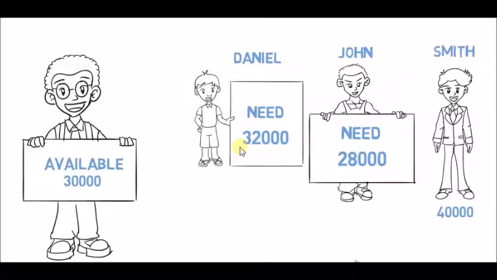Because 32,000 is allocated to Daniel. Now Daniel will return this money after some days. Suppose Daniel returns the 32,000 rupees after 30 days with an installment cost of 8,000 rupees. So the previous available money is 2,000 rupees, plus Daniel returns 32,000 rupees, which is 34,000 rupees, plus the installment cost of 8,000 rupees.